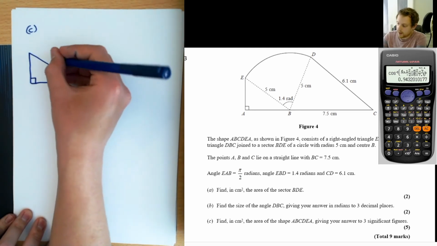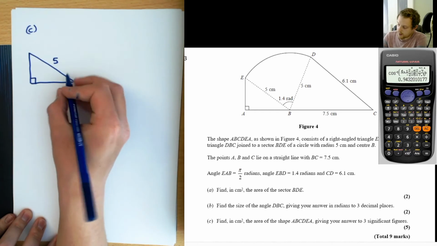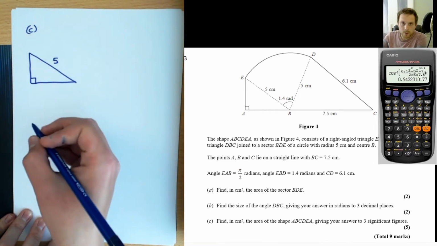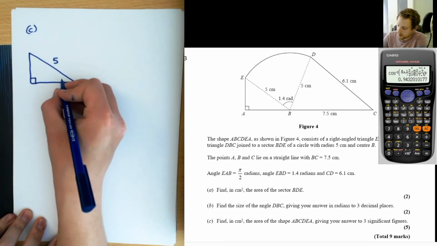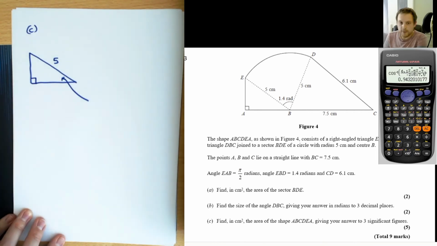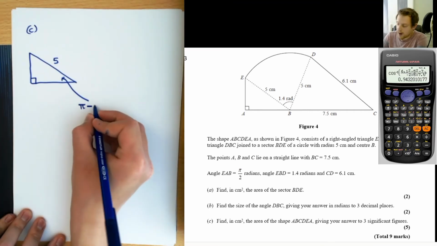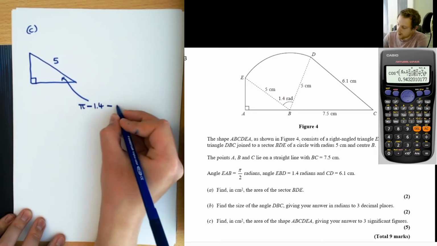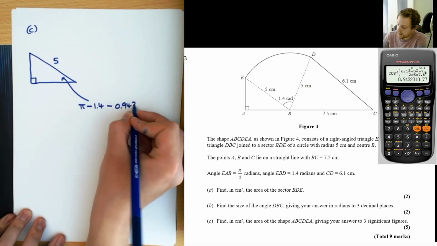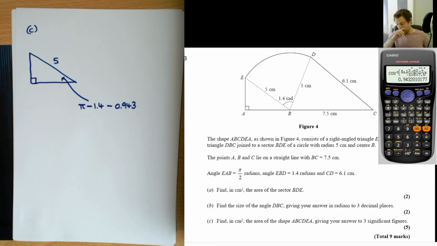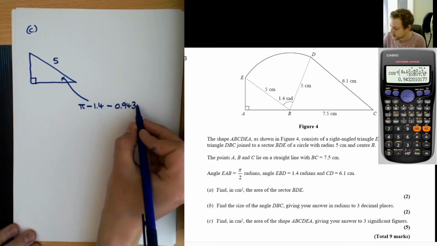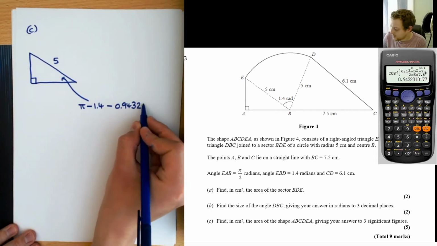So anyway, look, here I've got this, and it's like, okay, well, what's the area? Well, we don't know, do we? Well, we're going to figure it out because we can figure out this here. This is going to be pi minus 1.4 minus 0.943. I'm going to go right ahead and assume that I get to use 0.943, although we could be more accurate, I suppose. This is the thing with this sort of question.